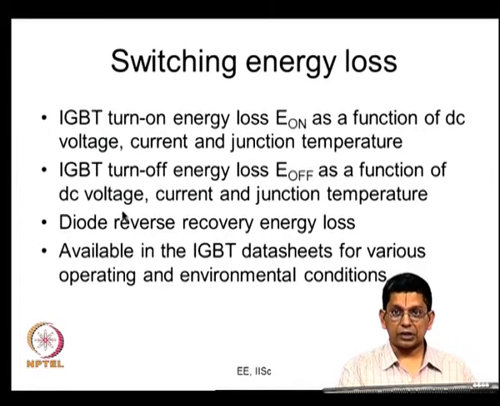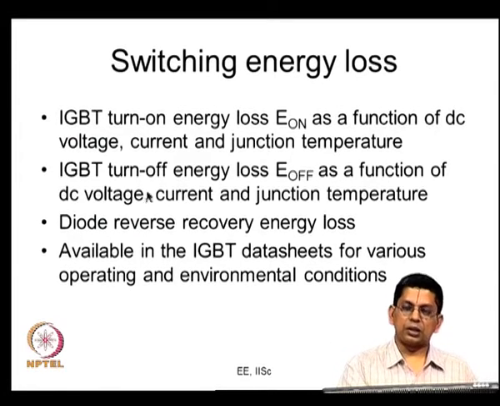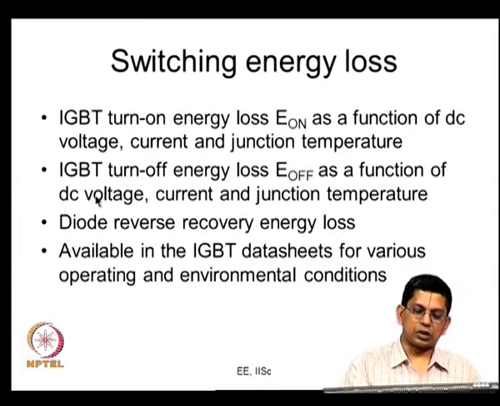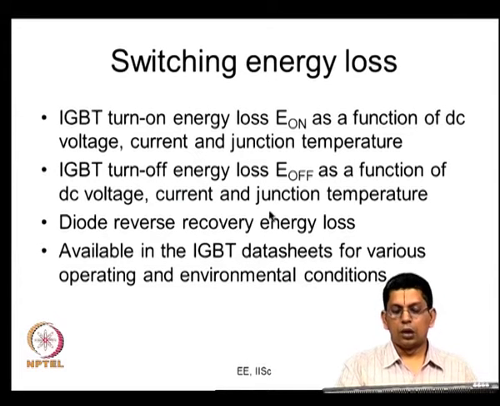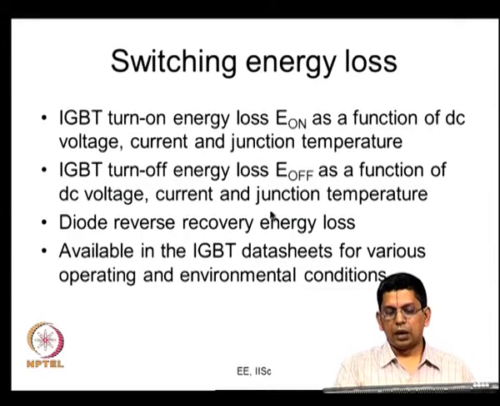If you are switching 500 or 600 volts, the energy loss is going to be much higher. Therefore, it increases with the DC voltage that was being blocked, and it also depends on the current that the device was conducting. If it is 20 amperes, the loss has to be much higher than if the current is 10 amperes. We could even say they are roughly proportional as far as current is concerned.